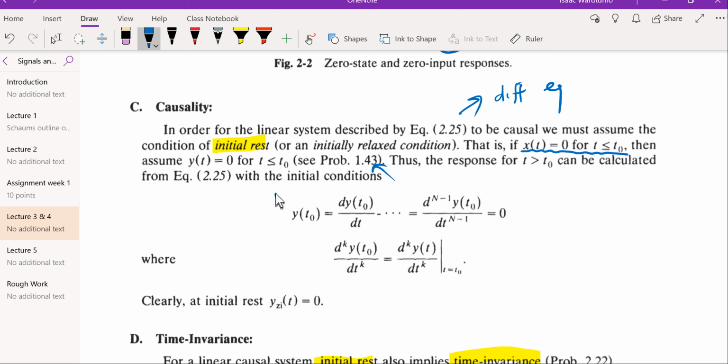We are saying that the initial condition is obtained at t naught, so y of t naught is equal to the differential equation that starts with dy/dt all the way up to this.